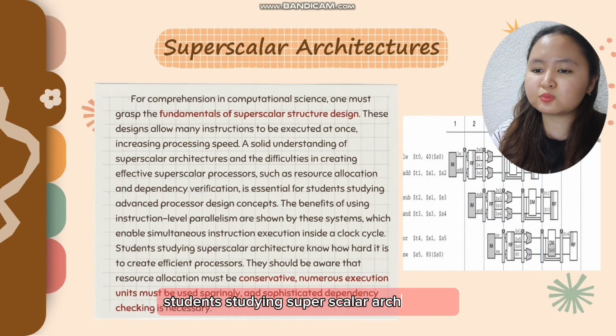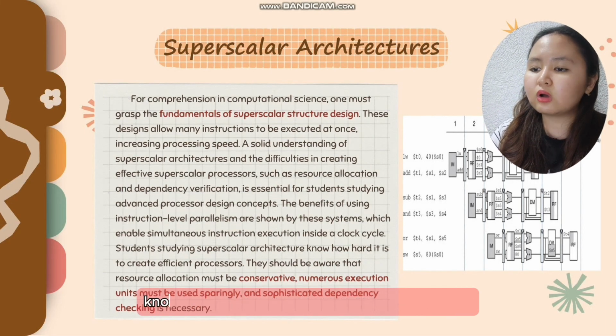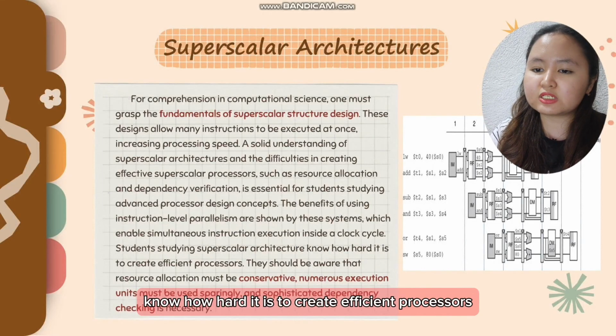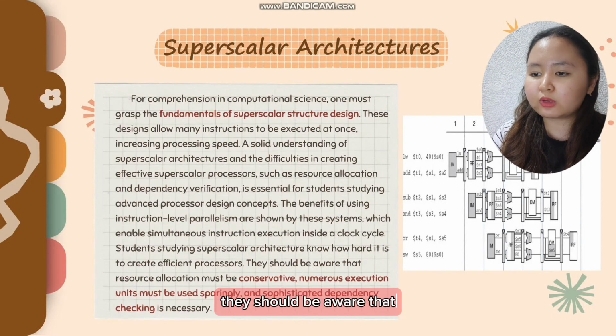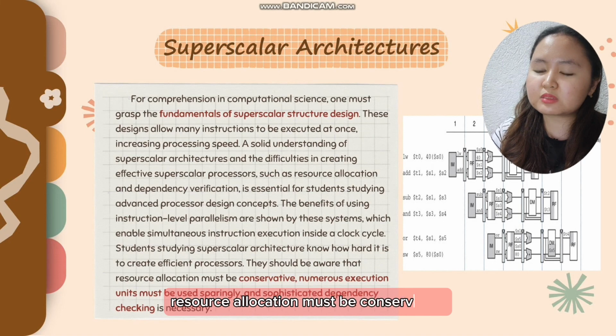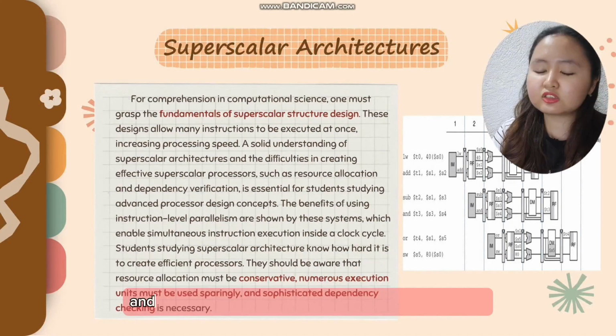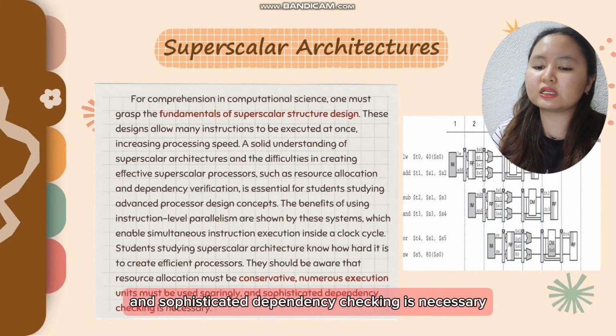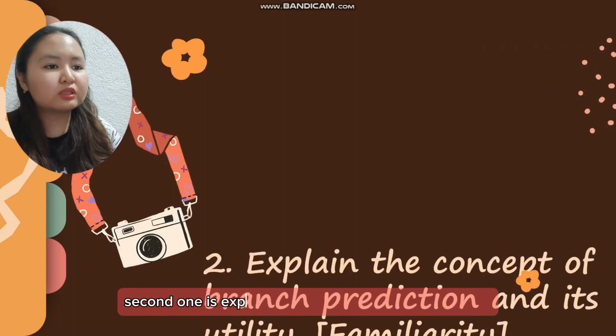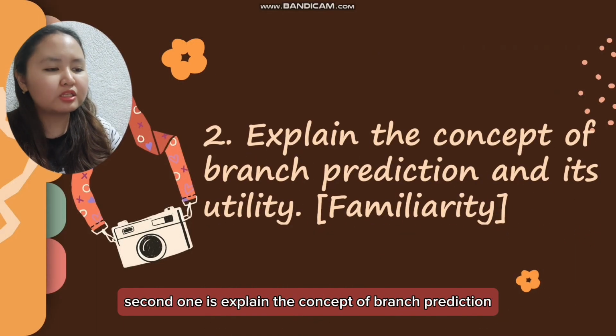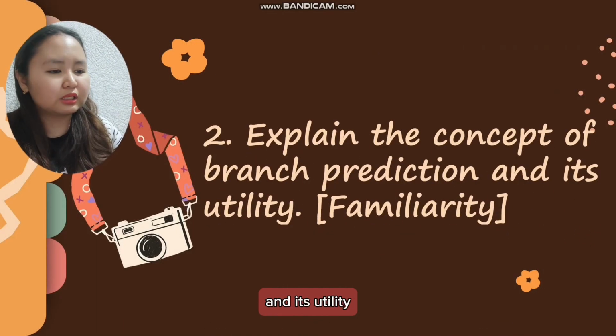Students should be aware that resource allocation must be conservative, numerous execution units must be used sparingly, and sophisticated dependency checking is necessary. The second one is explain the concept of branch prediction and its utility.